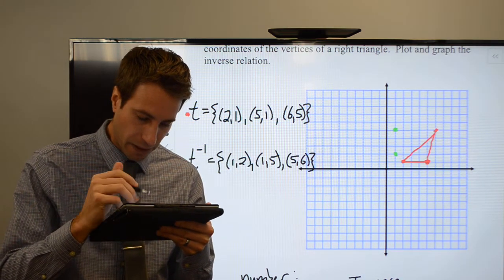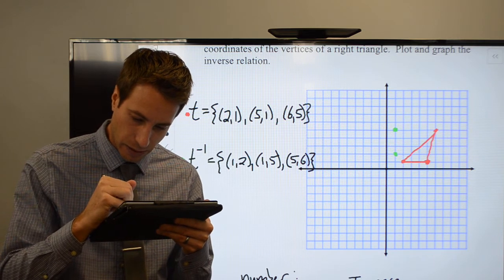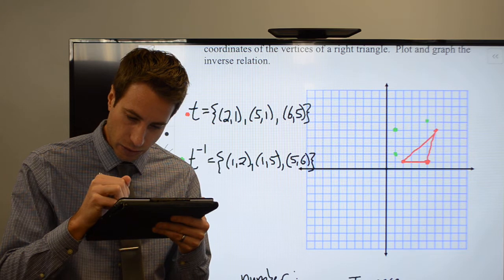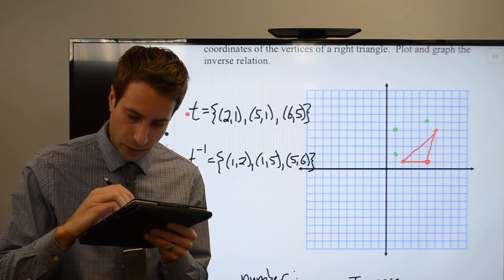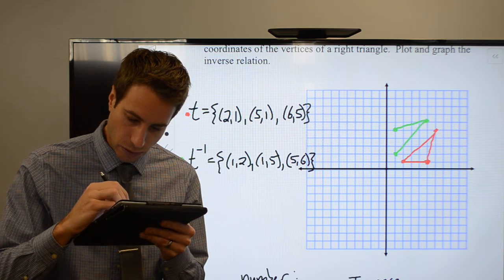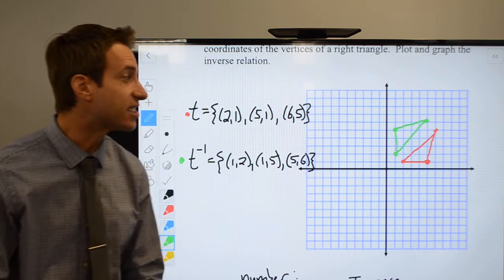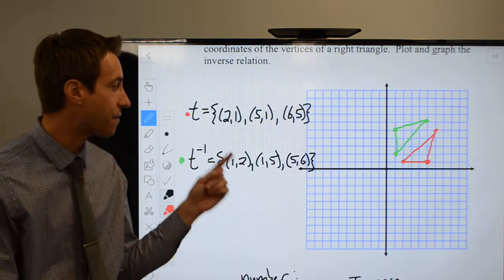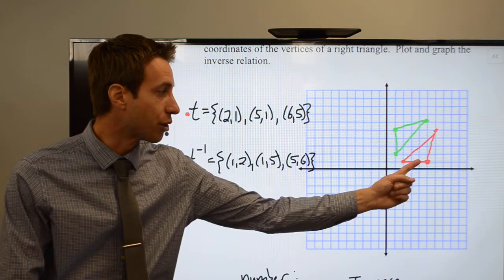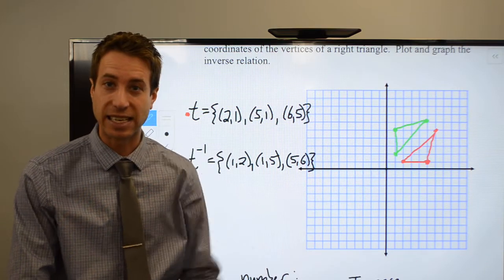And I need the point 5, 6, which is right there. Connect those dots. And I've done exactly what the problem has asked me to do. I have found my inverse relation and I have graphed both the original relation and its inverse.